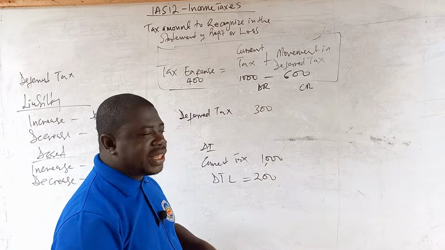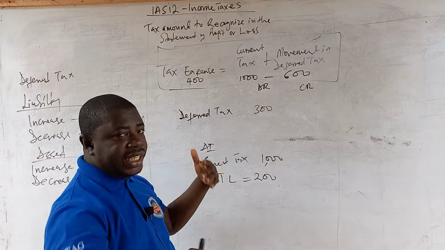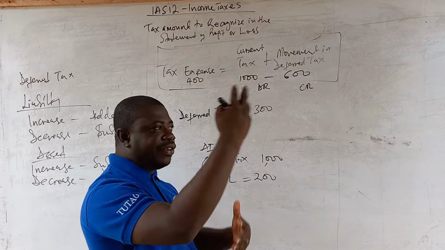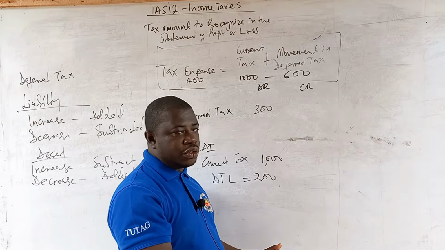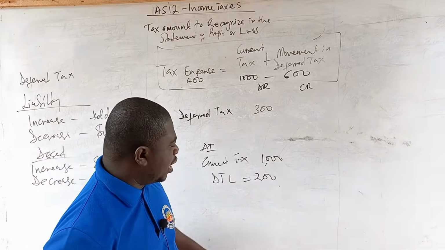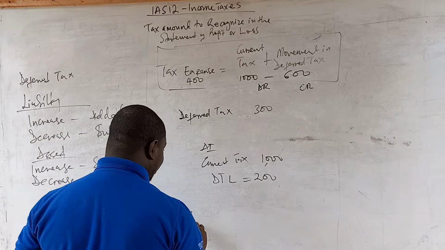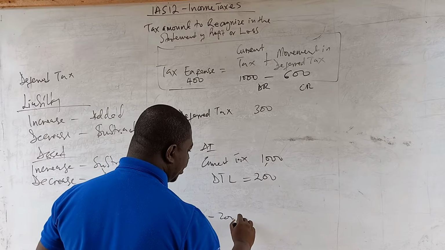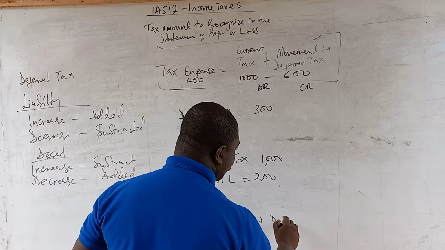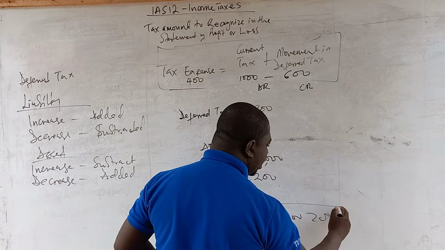If you look straight, you may think it's 100, but this time the asset has decreased. You know, a deferred tax liability increases, it decreases into assets. So down to 0 and then up to 200. It is like a number line from 300 to 200, then 0, then 100, 200, from the asset side to the liability side.